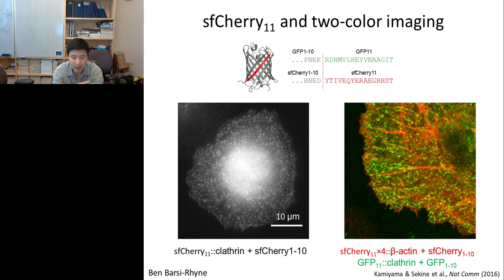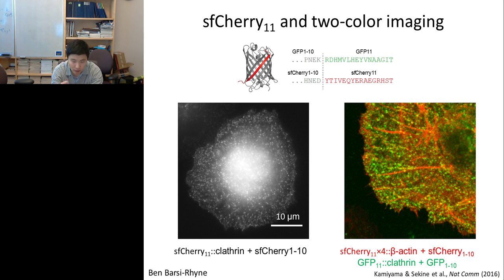It's just that the protein that crystallized is called superfolder cherry. Later, I had a chat with the first author of this paper, who said she was about to leave the lab, so she had to publish this work that was halfway through, trying to engineer the superfolder version of cherry.